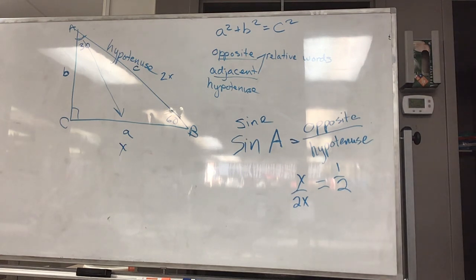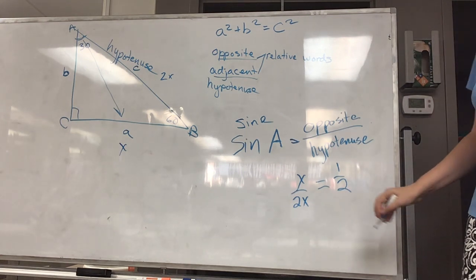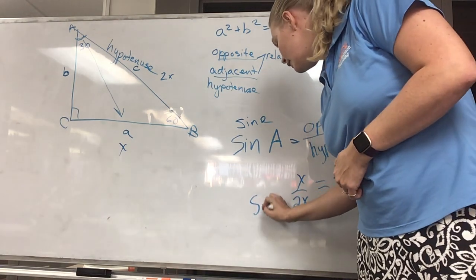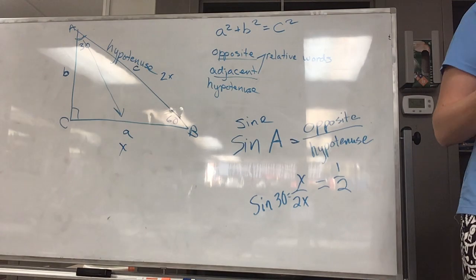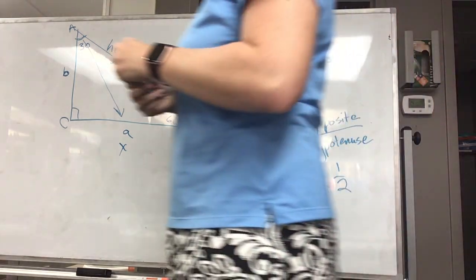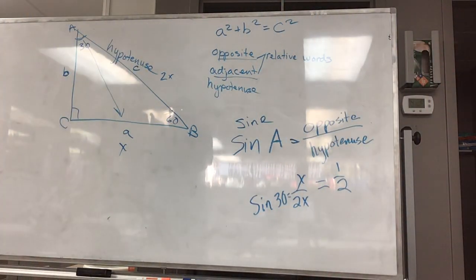In your calculator, go ahead and type in the sine of 30. You'll hit the sine button first, and then it should give you a parentheses, and you can put in 0.5 or 1 divided by 2 or 1/2 as a fraction.